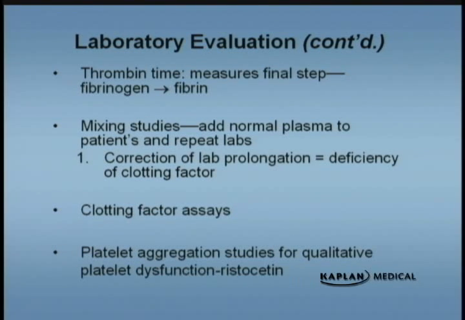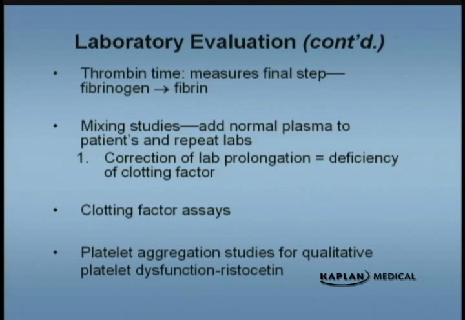Also, patients can have mixing studies done. What you do with a mixing study is you add normal plasma to the patient's plasma, and then you repeat the labs. If the prolongation or the abnormality is now corrected, that means that you have a deficiency in clotting factor because you're providing it with the normal plasma.